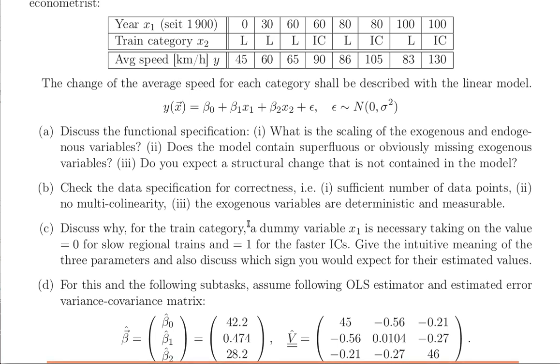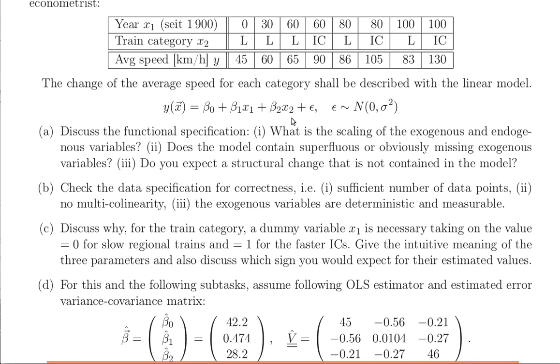And that's where we deal with x2. So this x2 has only 2 values. x2 was the train category, it can be either a low speed or local train, or it can be a fast train, an intercity. And that we need to code with some number. We need a number because these are real valued numbers, and in order to add, this must also be some real valued number.